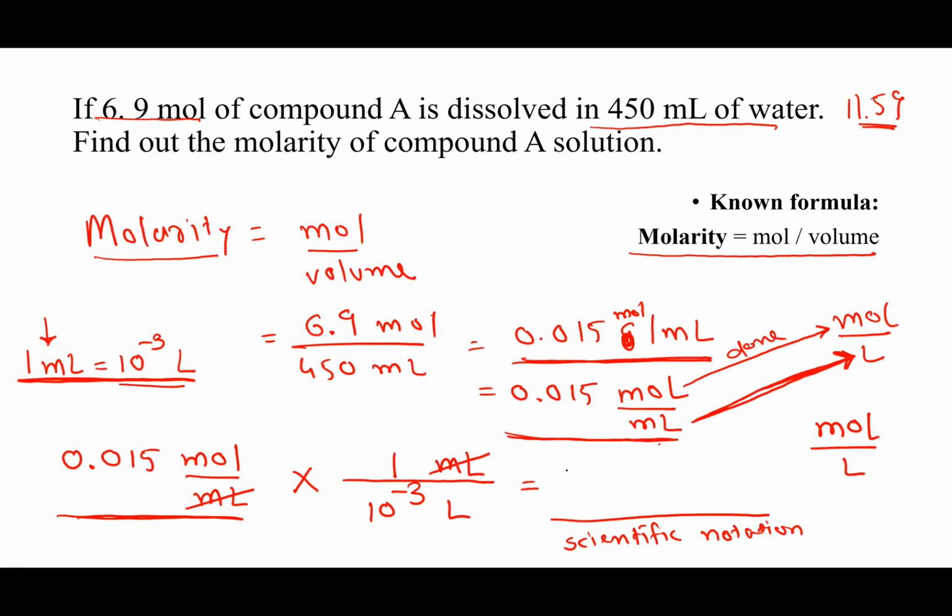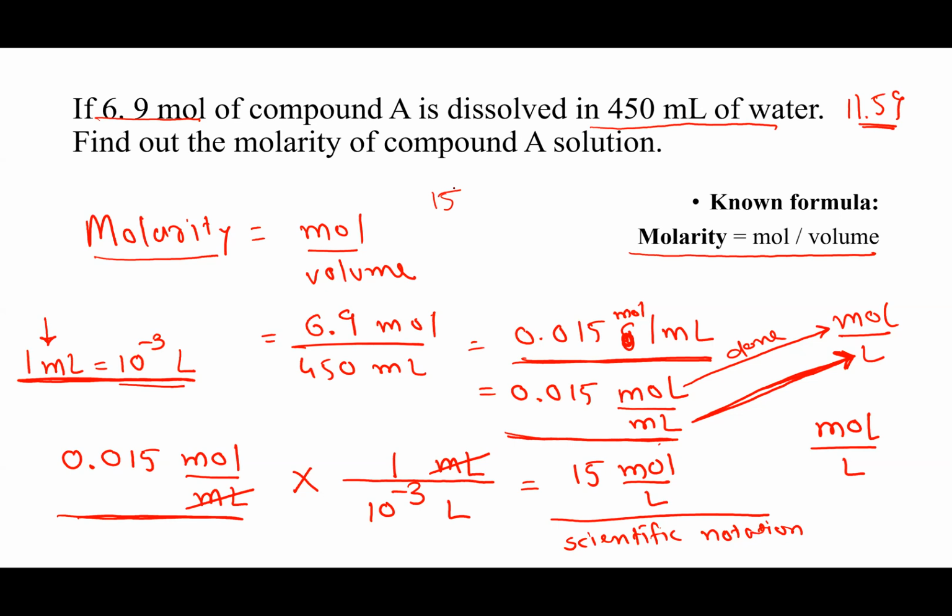All right, so yes, if you got 15 mole per liter, that is the right answer. However, I do want you to practice the scientific notation. So let's try this. If I give you 15 as a number, for example, don't worry about the unit at the moment.